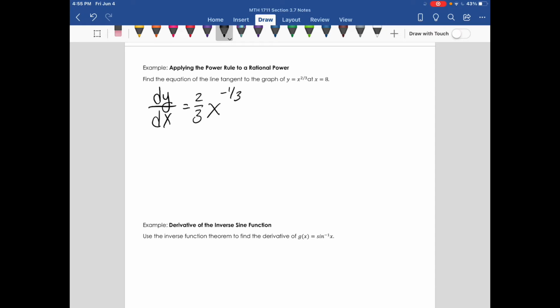I have x to the 2/3, so I want to bring the 2/3 down in front and then decrease the exponent by 1, which would give me negative 1/3. And then I want to evaluate this at x equals 8. So when I plug in 8, I'm going to get 1/3. So this is the slope of the tangent line at x equals 8.